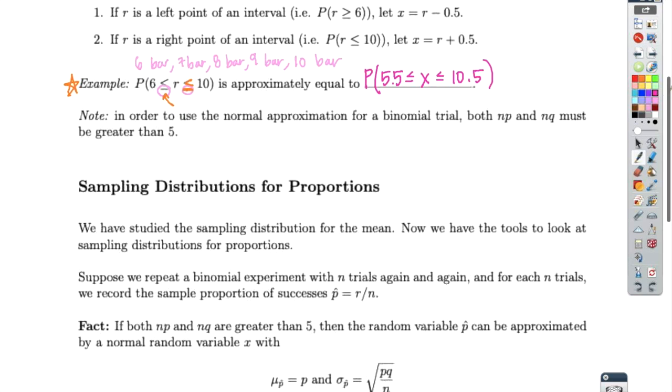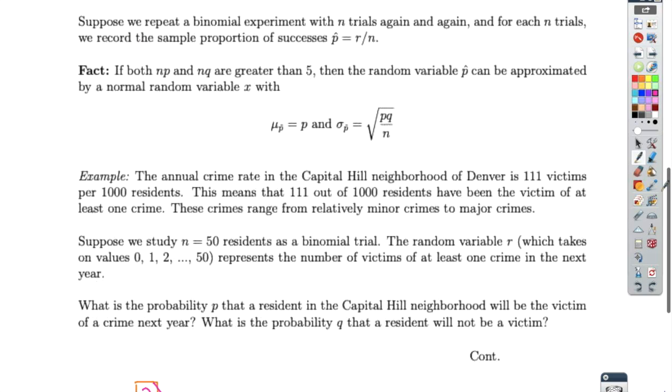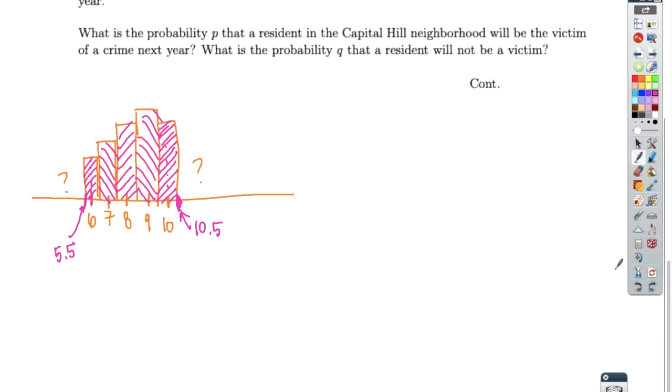Okay, I want to focus on this a little bit more, so I'm going to do a couple more examples here. Let's do, I'm going to stick with these same numbers, the probability that the number of successes is between 7 and 9.